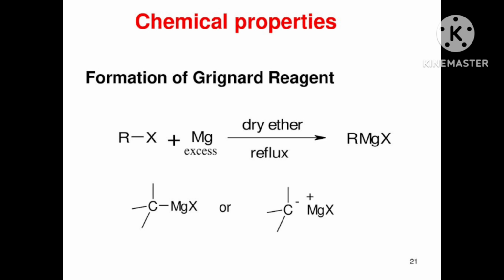Then both R will come together and form an R-R bond, and the 2X will react with 2 sodium. Each sodium is 1 positive and each halide is 1 negative, hence it will form 2NaX. X means halide.